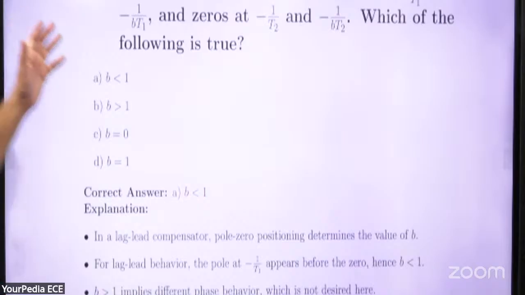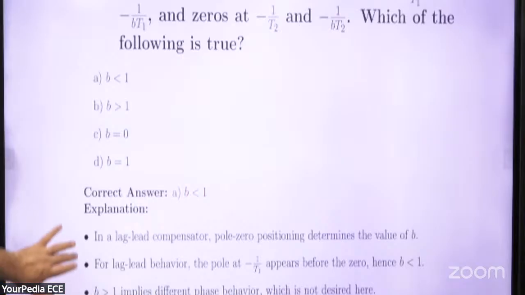If you find any kind of change, any kind of difference here, you can share with us.